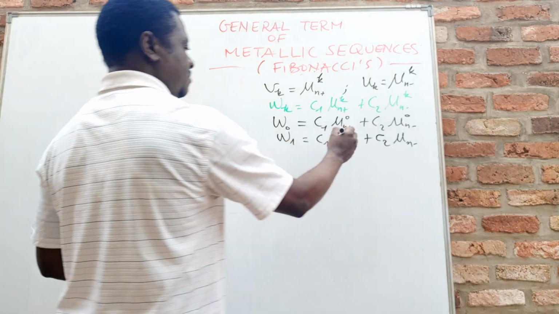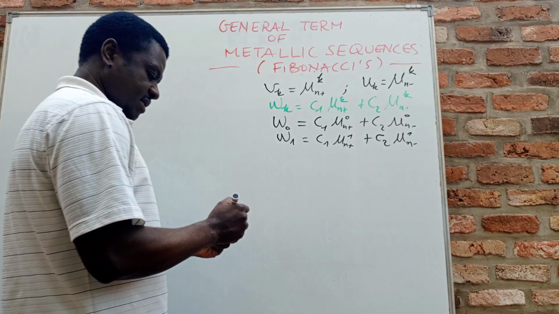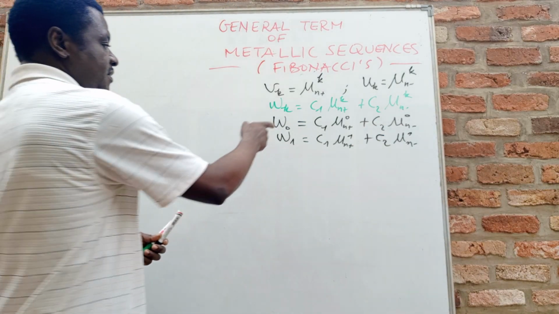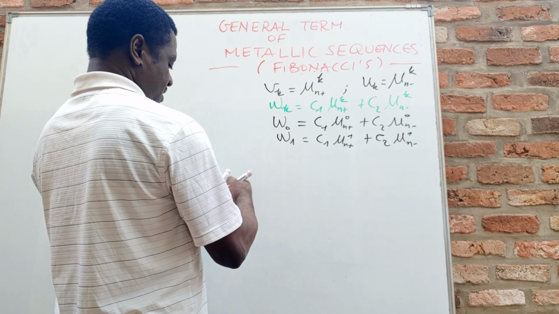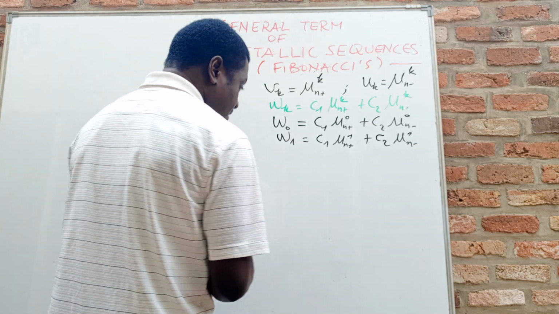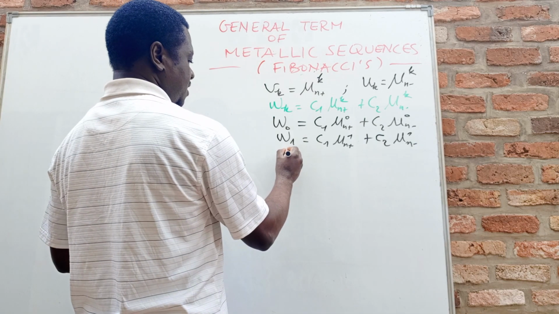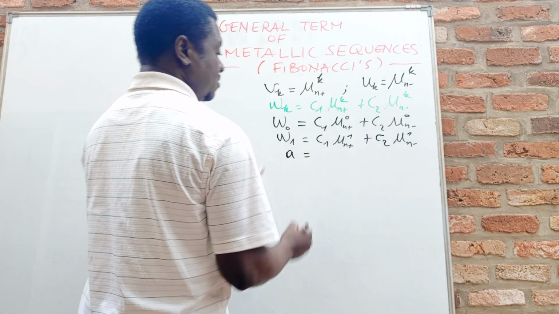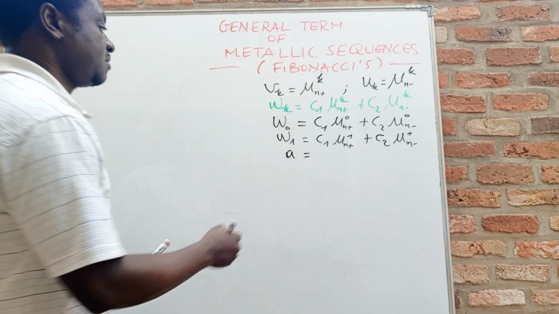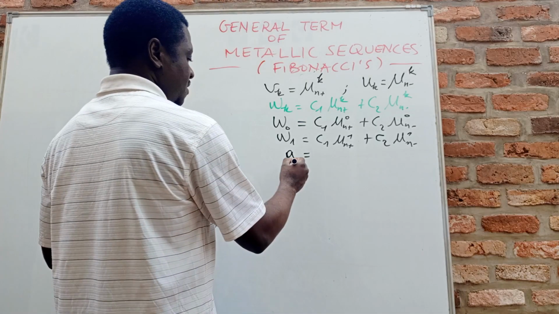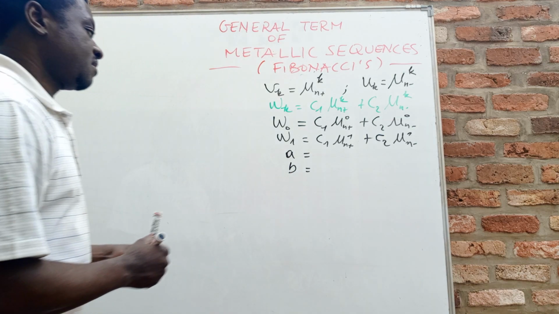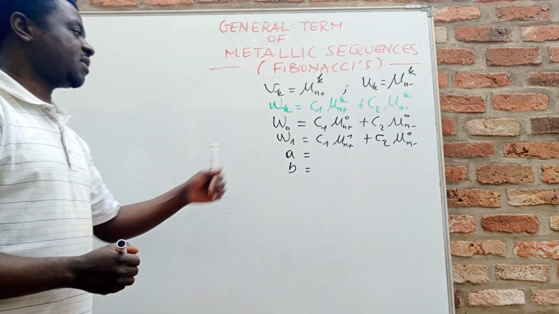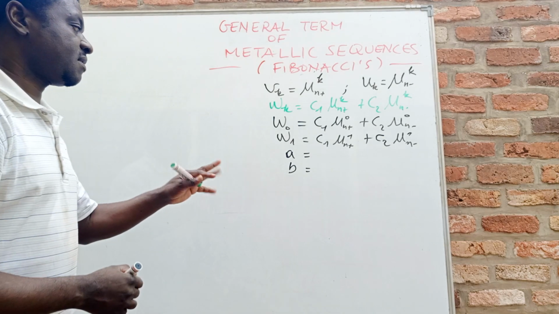Now, W0 equals A, a constant, different from or equal to 0, and W1 equals B, another real number, especially positive.